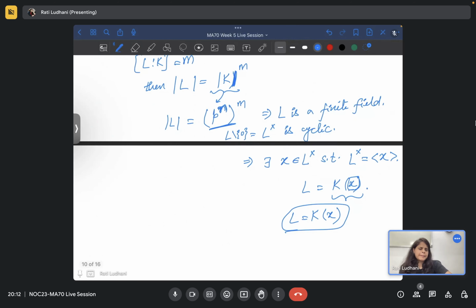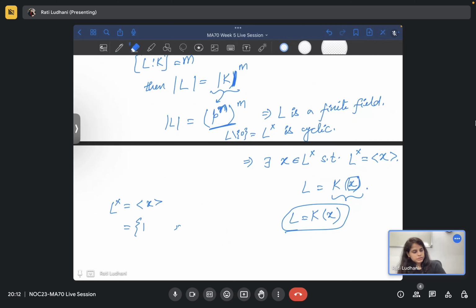Is that okay? L cross is generated by x. That means it is all the powers, even 1 also. So you will have 1, x, x squared, and it will stop somewhere because this is finite.